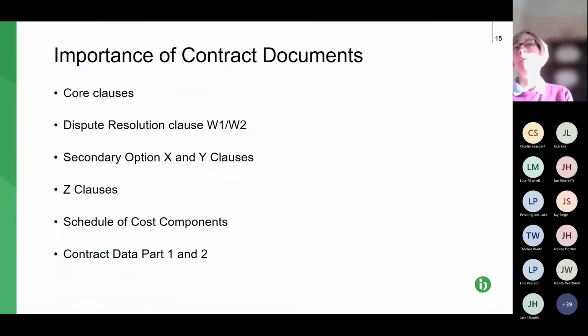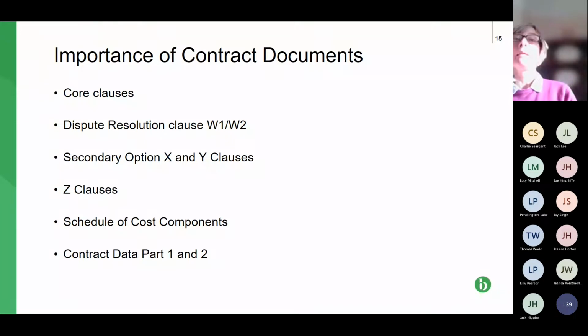With JCT, the equivalent for probably the first 3 bullet points is the JCT form of contract. So if you're using the design and build, it's that. The 4th bullet point, Z clauses for NEC, the equivalent under JCT are the schedule of amendments to it.